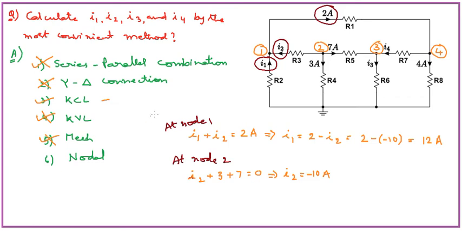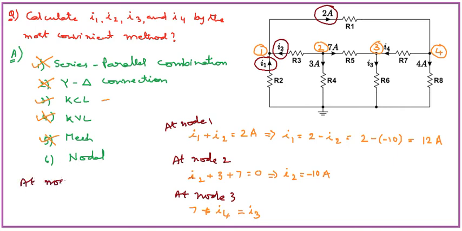Let me go ahead with node 3. At node 3, 7 is coming towards the node, and I4 is coming towards it, so plus I4, and I3 is going away, which is equal to I3. Now let's move on to node 4.